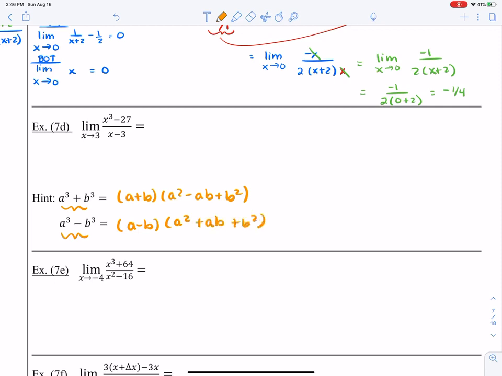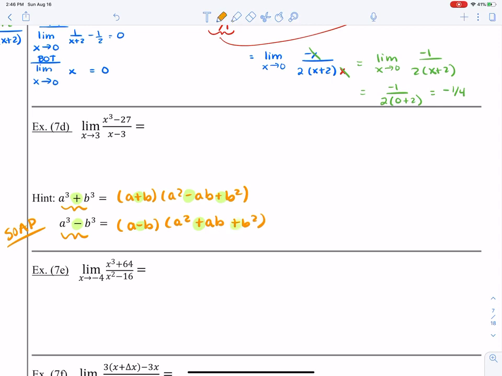And if you were in my class, I taught the SOAP acronym, and that was for same sign, opposite sign, always positive. Same sign, opposite sign, always positive.